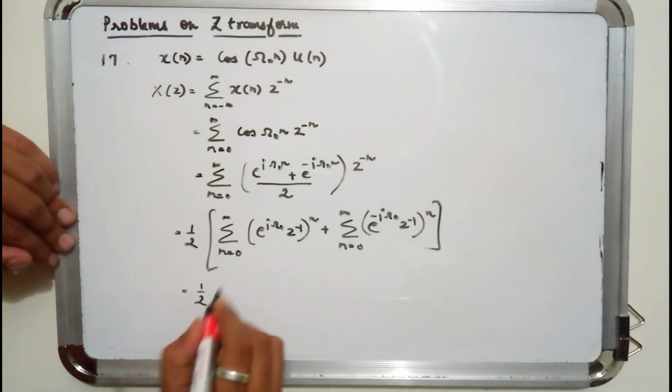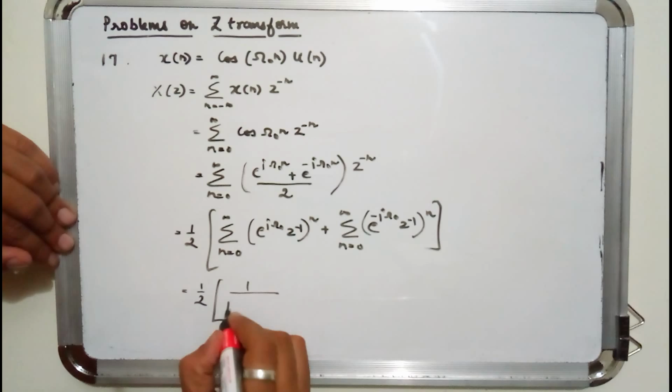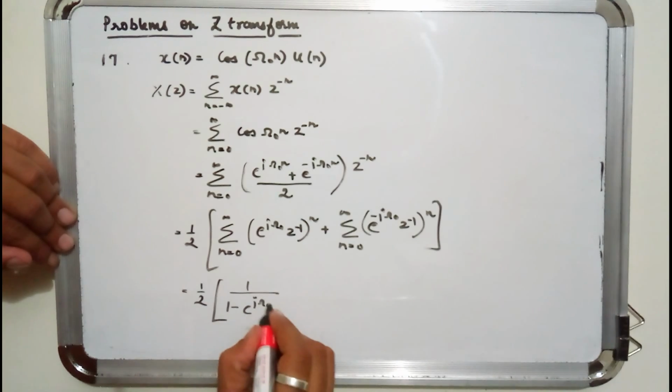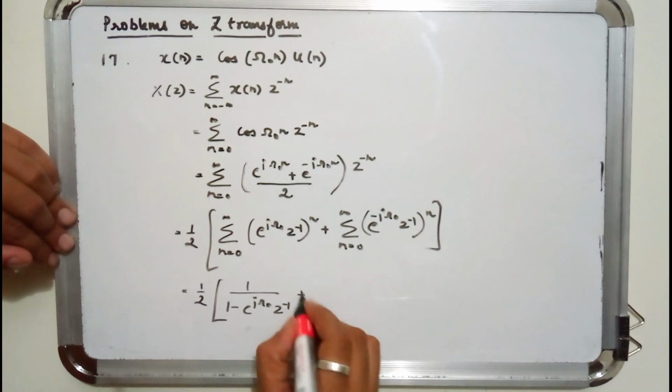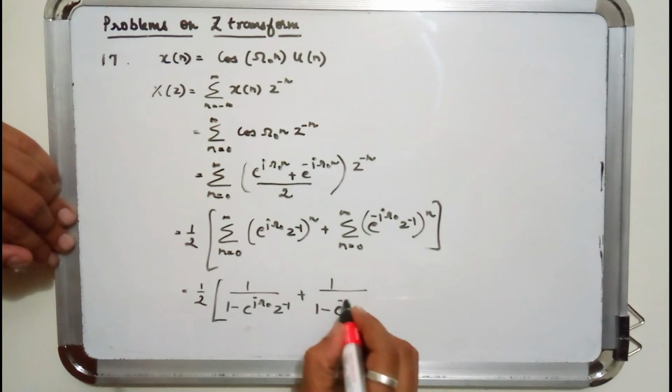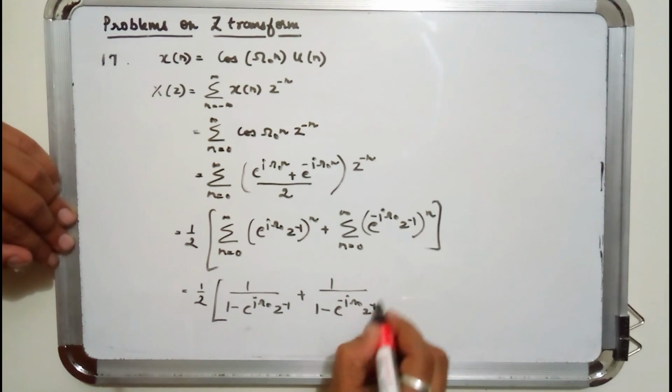So it is half into 1 by 1 minus e power j omega naught z inverse plus 1 by 1 minus e power minus j omega naught z inverse.